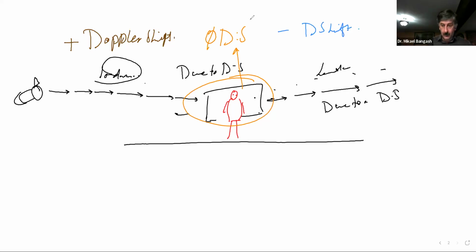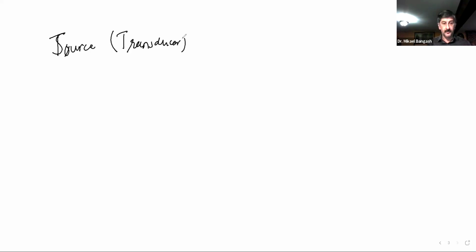Now, again, guys, in this chapter we will be using two terms. One is what we will refer to as the source. Our source here, as in the previous chapters, is going to be the transducer.